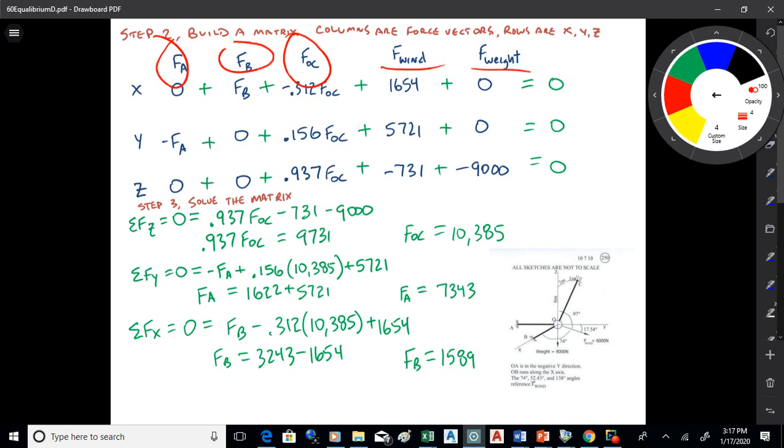All right, now when I do that, I'm going to have rows, X, Y, and Z. And those are basically equations is what they are. Because I know the sum of forces in the X is 0, the sum of forces in the Y is 0, and the sum of forces in the Z is 0. So by putting these forces in columns, I now have rows that represent X, Y, and Z equations. So that's how I would approach this.